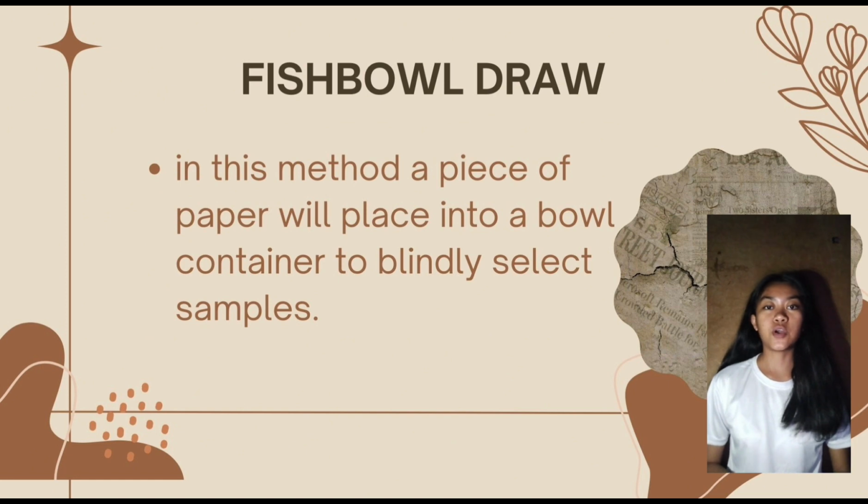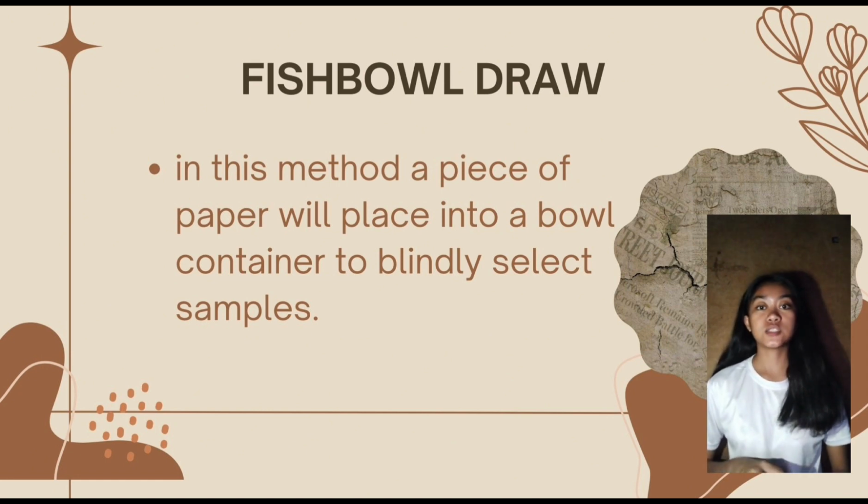A fishbowl draw is a method where a piece of paper will be placed into a bowl or container to blindly select the samples. This process ensures that each sample has an equal chance to be selected.